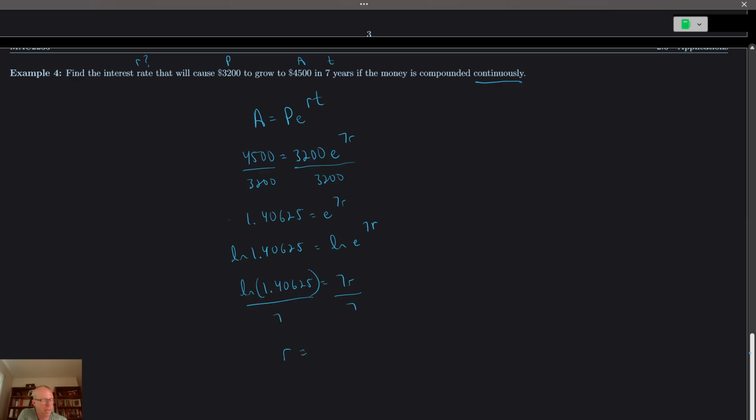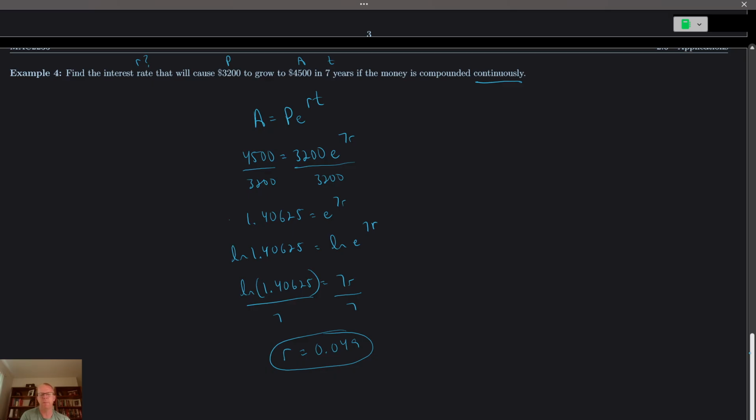And so then we get, again, know what your answer should look like. Your answer is probably going to be less than 0.1. And it is. Now, if you get an answer more than 0.1, that's not necessarily wrong. If you get an answer of 0.8, 0.9, or more than 1, that probably is wrong. So just be aware of what the answer should look like. And if you get one that doesn't look like what you expect, but it's still possible, then just check that you set everything up right.